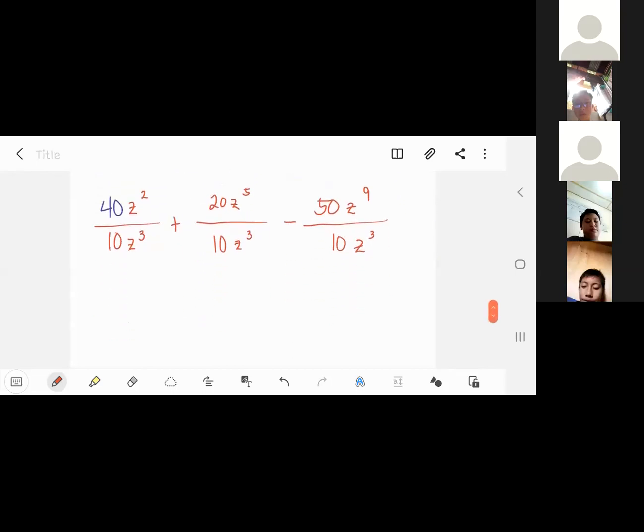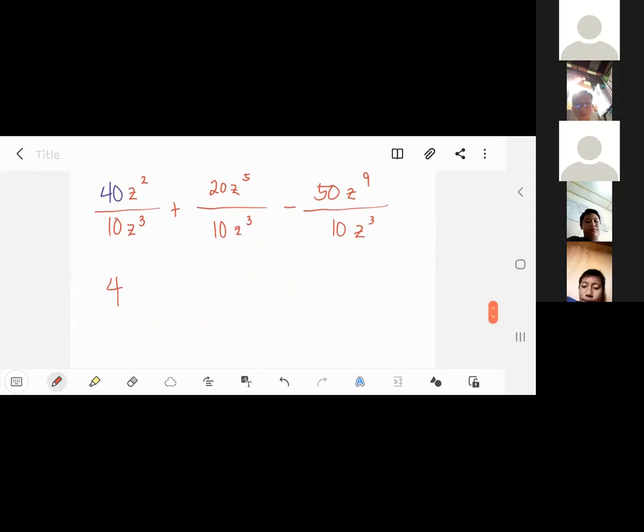Okay, 40 divided by 10, we got 4. Which is bigger, 2 or 3? 3. So we will subtract it.